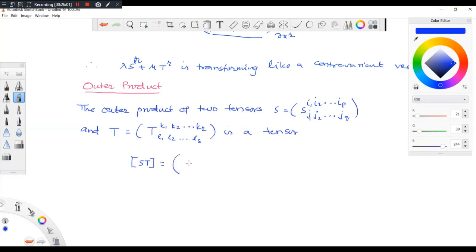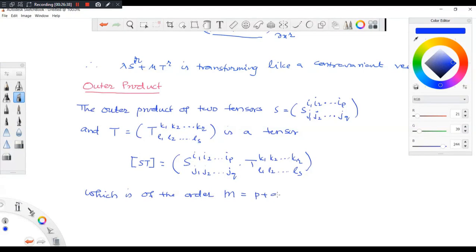It is defined as S with indices I1 through IP, J1 through JQ, multiplied by T with indices K1 through KR, L1 through LS, which is of the order M equal to P plus Q plus R plus S.